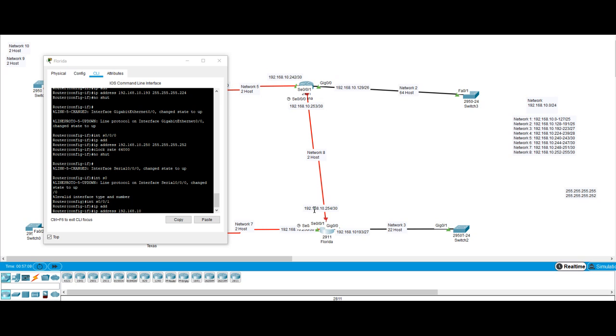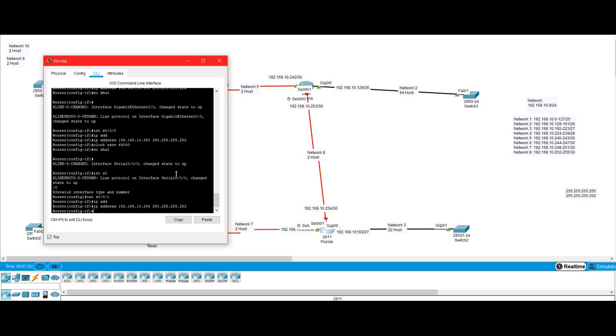And for 001, it's that one right there, so it's going to be .254, and that is a CIDR 30, so that's going to be 255.255.255.252. All right, and we don't have to worry about a clock rate there, so no shut.